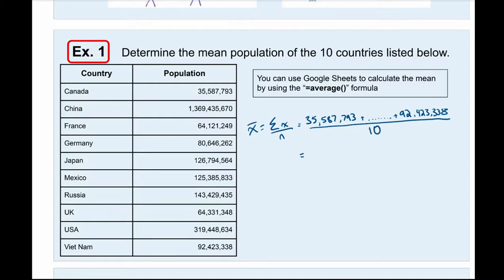To find my sum, you just have to add all those up, and you should get 2,421,604,126, divided by 10.